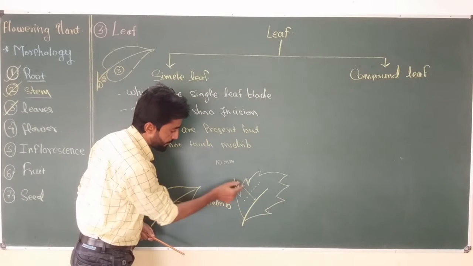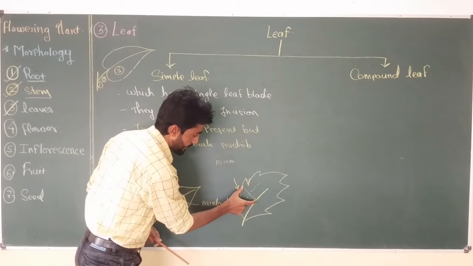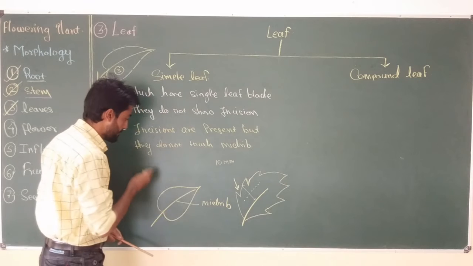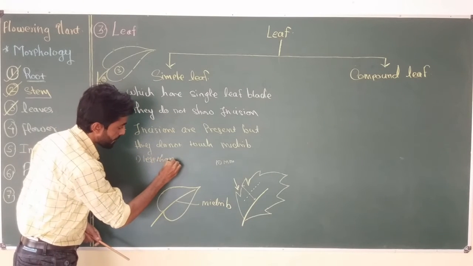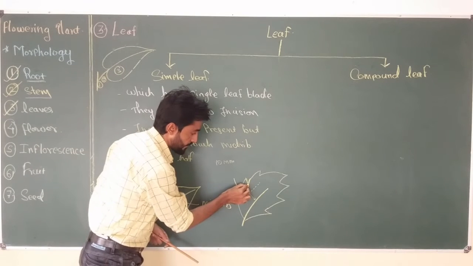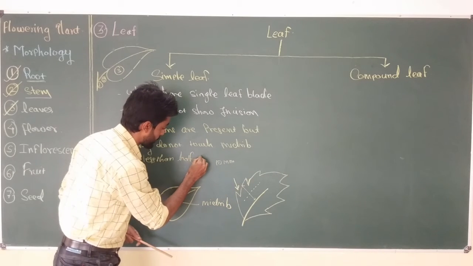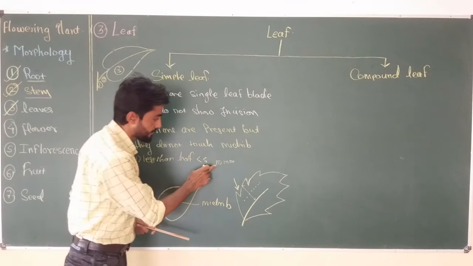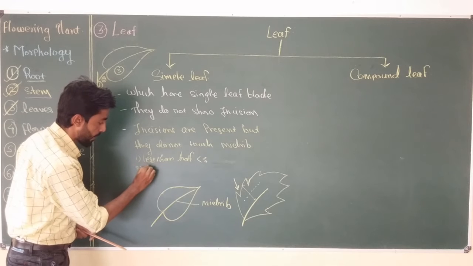This portion is 5 mm and the remaining portion is 5 mm, because the total length is 10 mm. If the incision is the first type, less than half, the length of the incision should be 5 mm or less, like this.